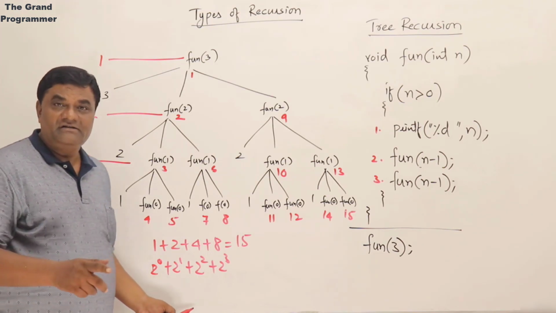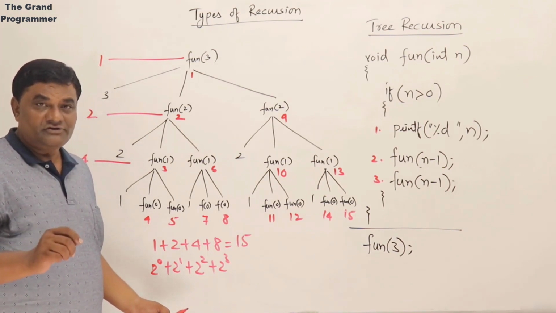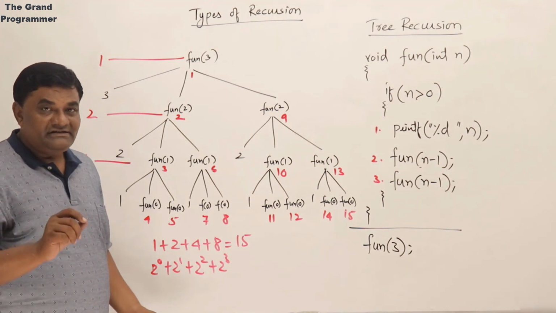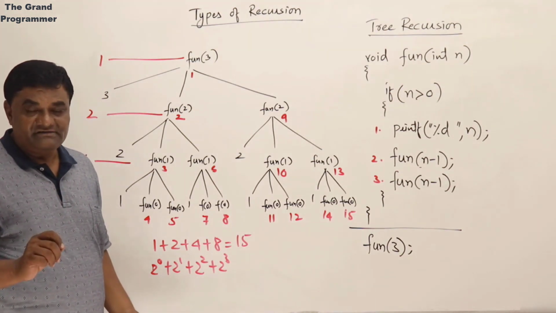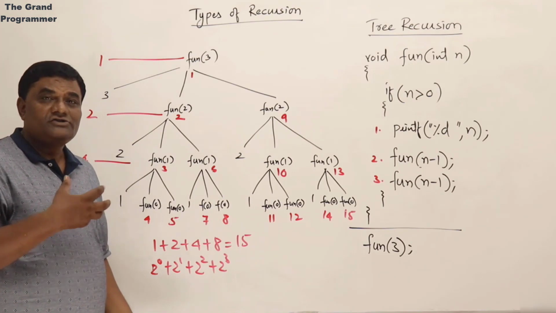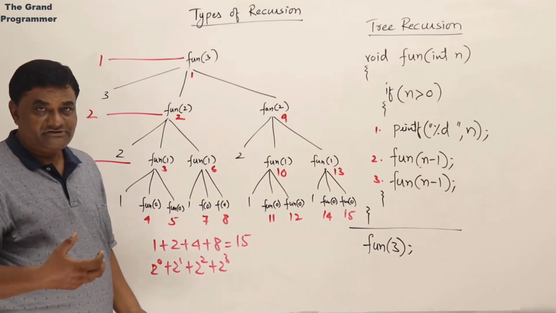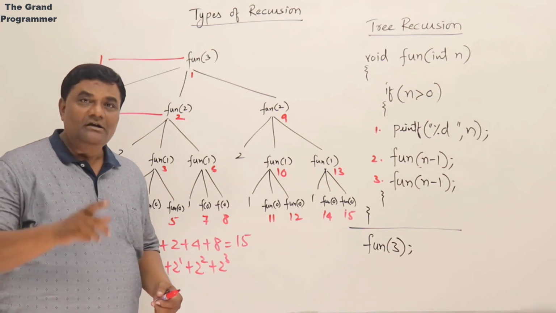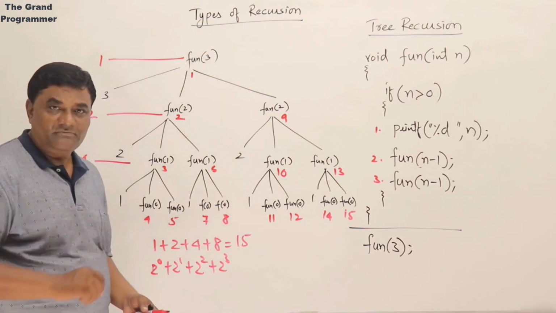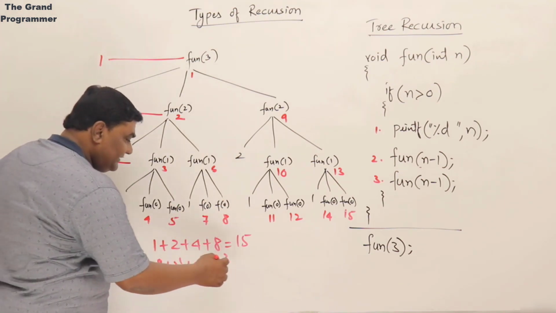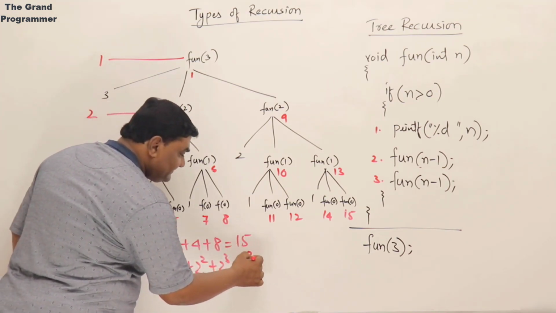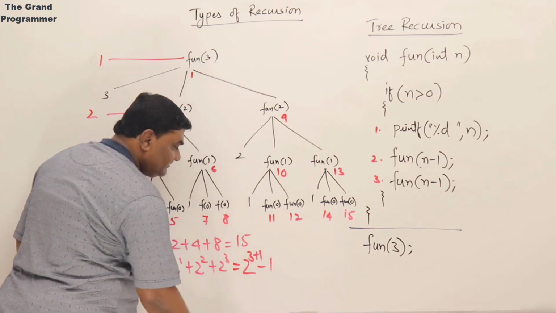So this is nothing but the summation of terms of a GP series, that is sum of geometric progression terms. What is all that GP series and all, we will learn some other time, but right now I'll just write the formula. So this will be nothing but 2 power, highest term is 3, so this is 3 plus 1 minus 1.